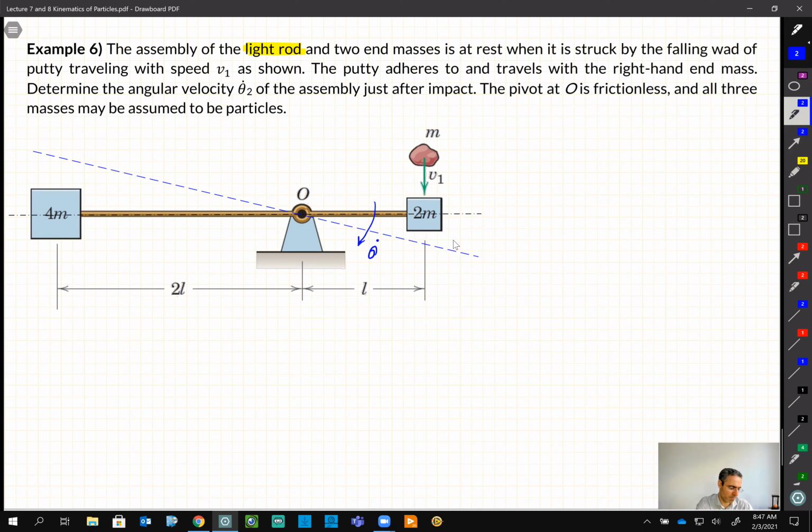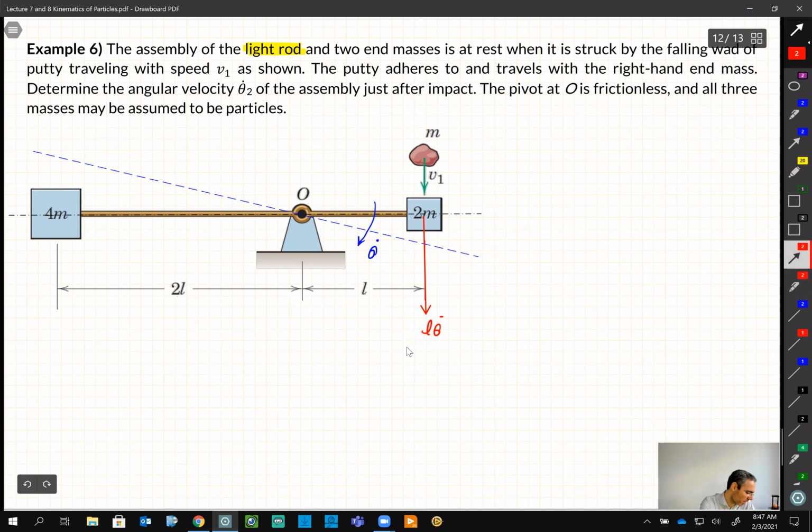So if this rod is moving with the speed of theta dot, it means, and quickly we can solve it, that this point has a velocity because it is on a circle, right? And it's easy for us now to calculate its velocity. Its velocity is going to be L theta dot. Do you guys agree? Because this point is rotating about point O on a circle with the length L, so its speed is L theta dot.